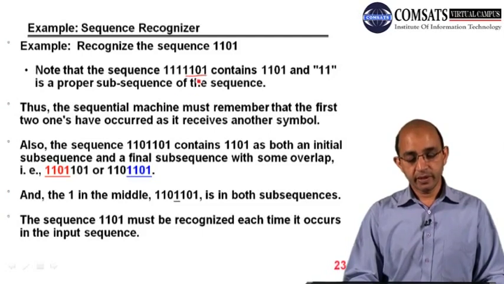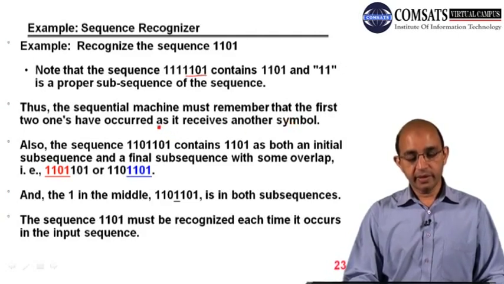So it means the machine has to memorize that the first two ones have occurred, because we have 1 1 as a proper subsequence.